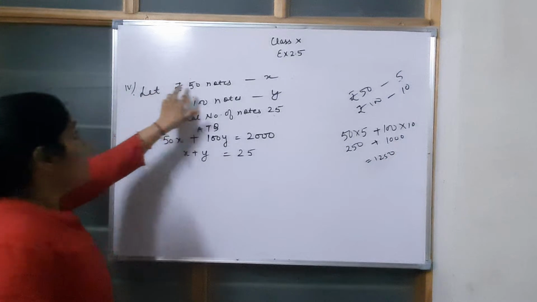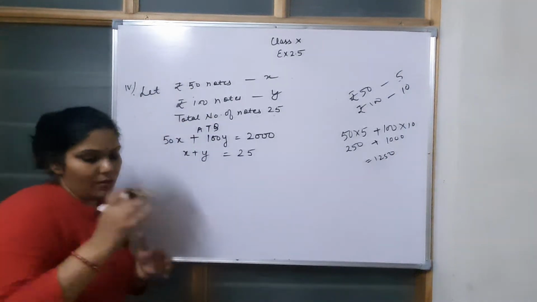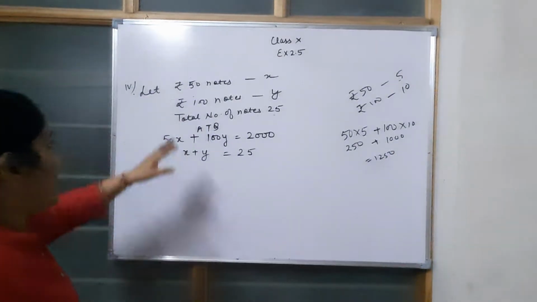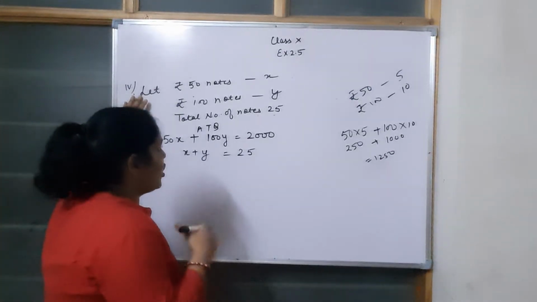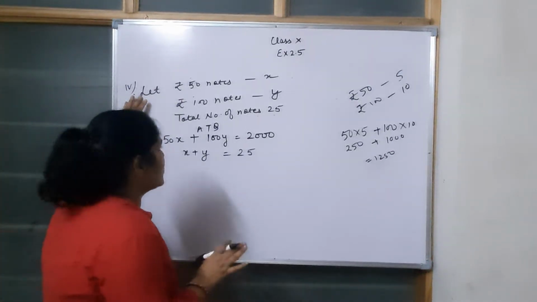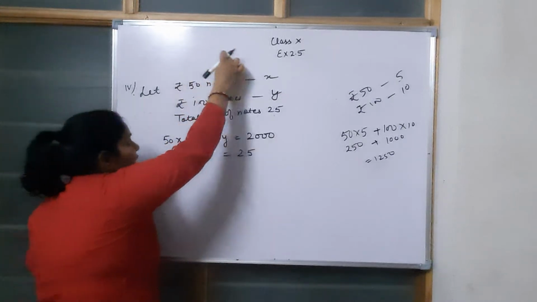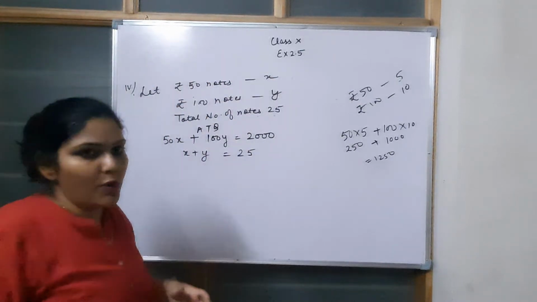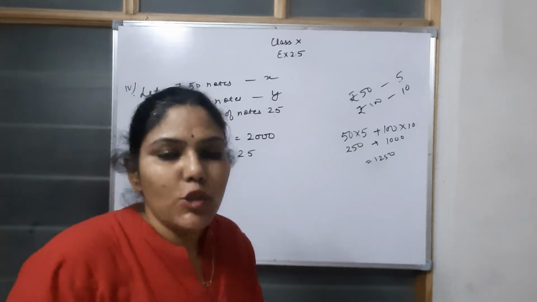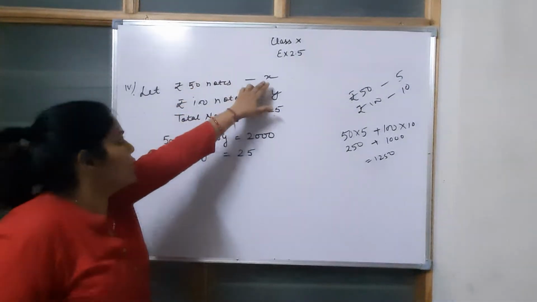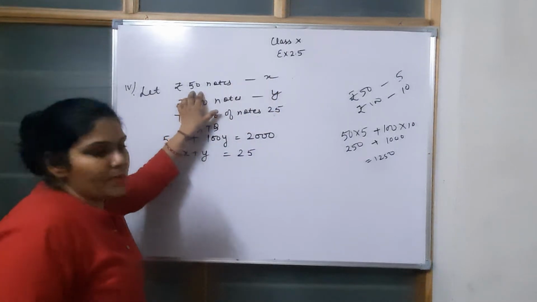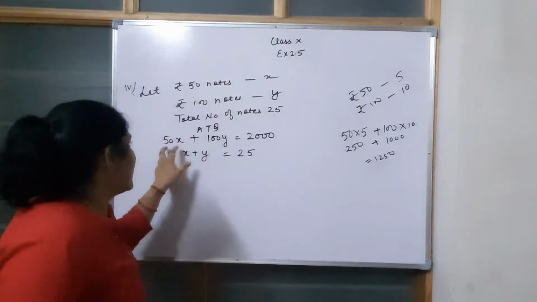Again, let the rupees 50 notes she got be X, and the rupees 100 notes be Y. The money she received was 2000 rupees. If you have 4 notes of 50, that is 50 into 4; similarly for X notes of 50, the money is 50 into X, 50X.